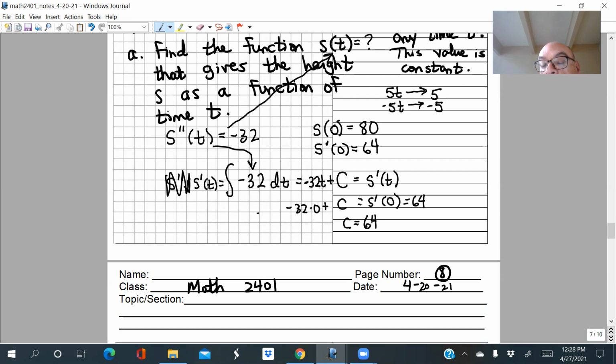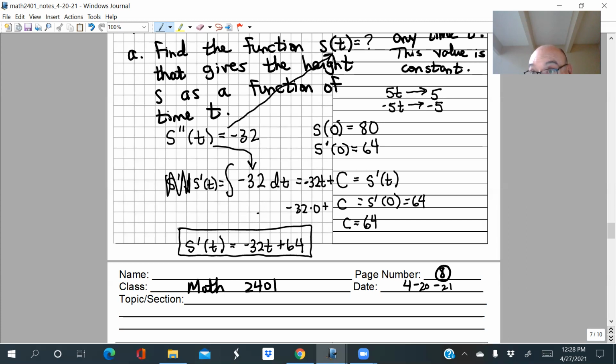That means the constant has to be 64. So you're done. There is the first derivative. Cool. So we knew the second derivative, and we were able then, using integration, to write down the first derivative.